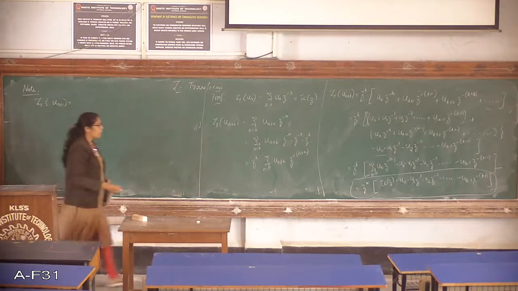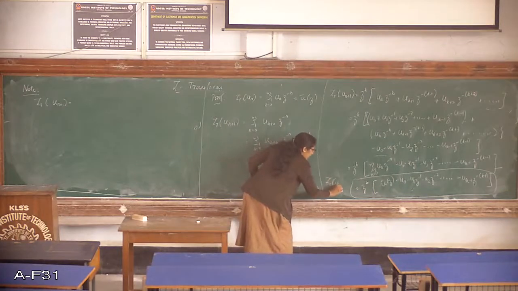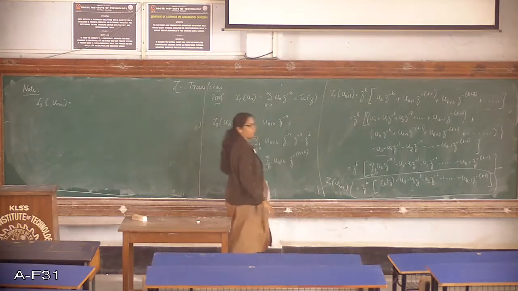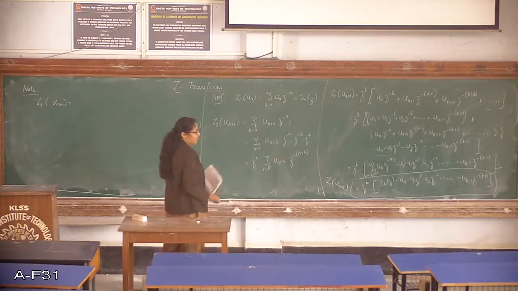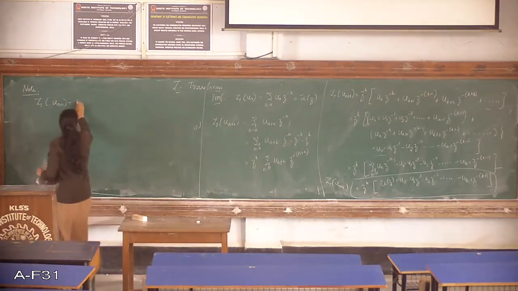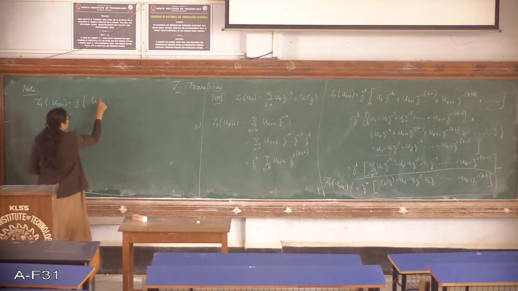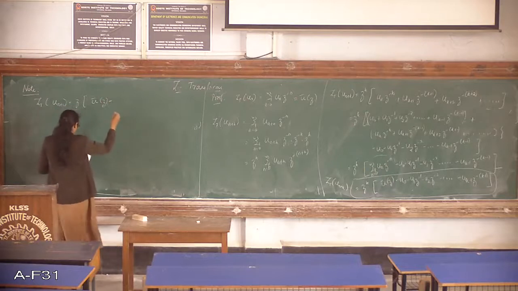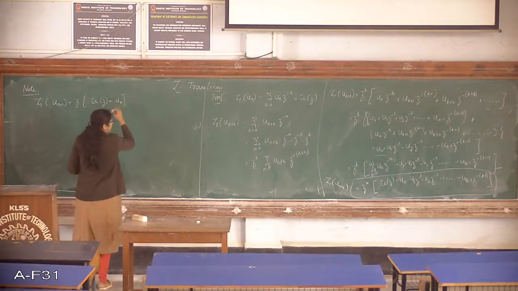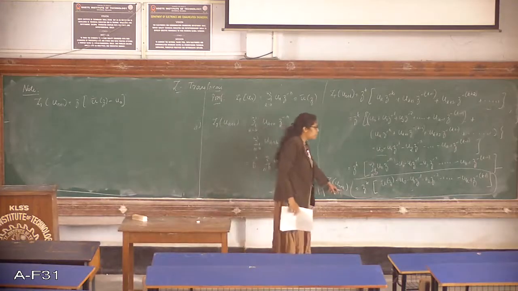So here we have got the z transform of u_{n+k}. So if I want it for u_{n+1}, here k will be taking the value as 1. So I shall have this as z raised to 1, u bar of z minus u0, right? Because k value is 1 here.